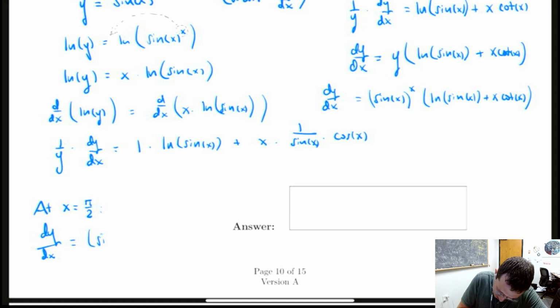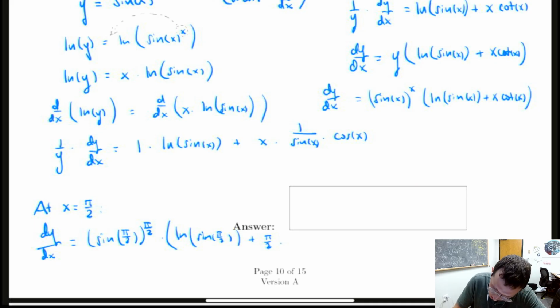So I'm going to substitute pi over 2 in. And this is actually a case where instead of cotangent of x, I would rather just have cosine of x over sine of x, because I don't know what cotangent of anything is. I know how to find the values of sine and cosine.